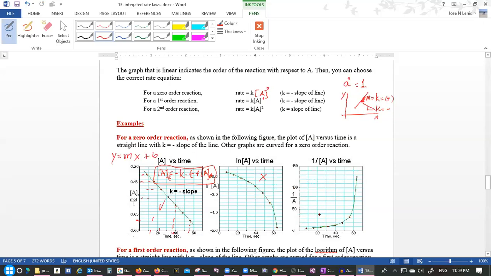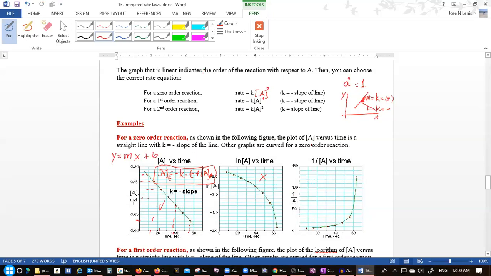Now, let's try a different way. What about if we try plugging and graphing 1 over A against time to see what we get? And this is what you get. Yeah. Nice curve, right?